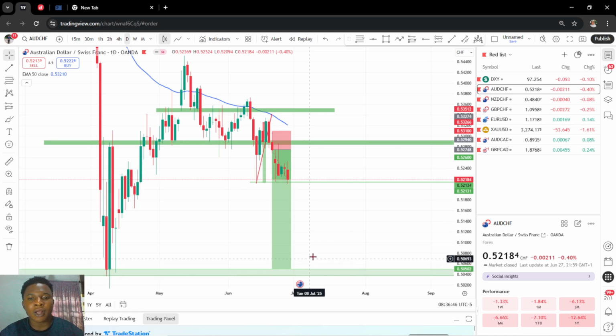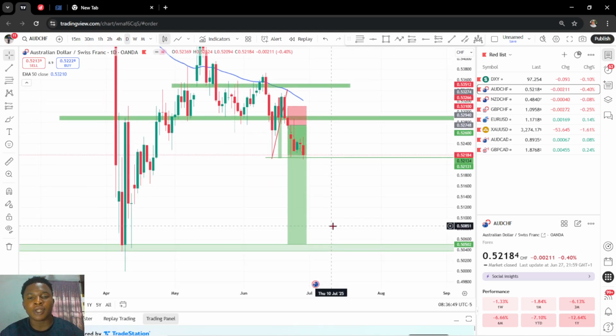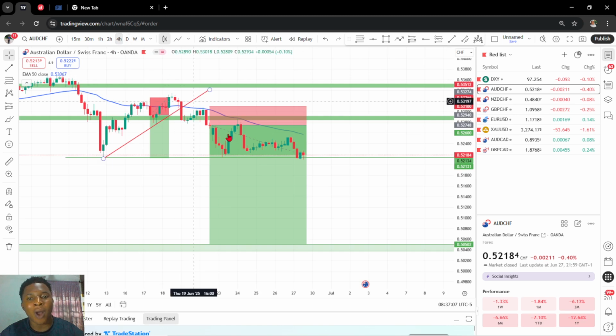My concern on this pair is the swap fee. The more I hold it, the more the swap fee accumulates. So I don't know whether I will be able to hold to the final TP, or I will apply the rule of trailing my stop loss, maybe moving it to the previous lower high.